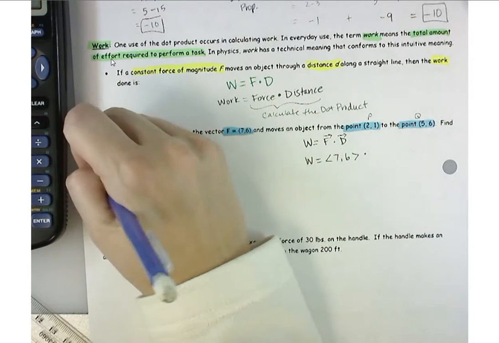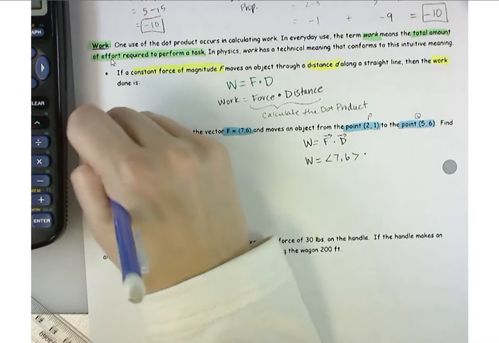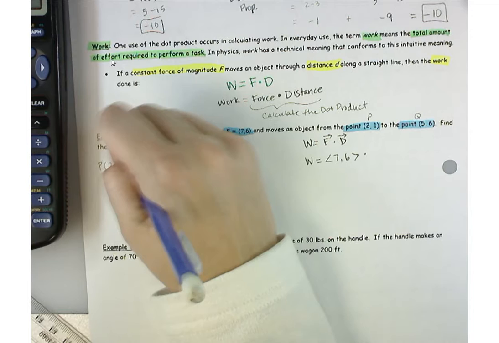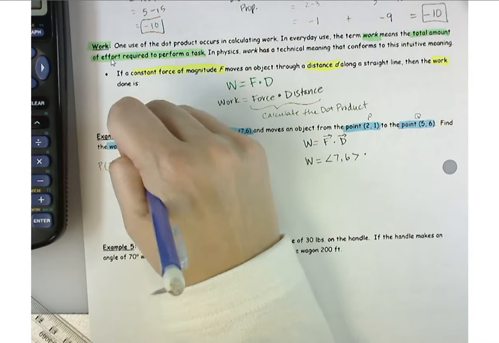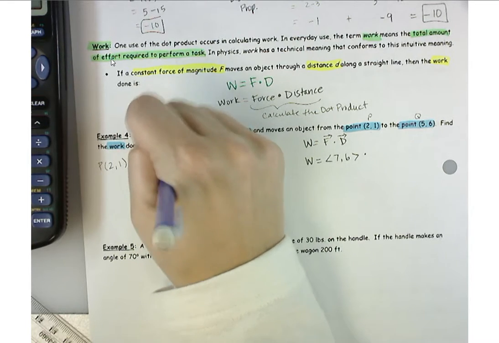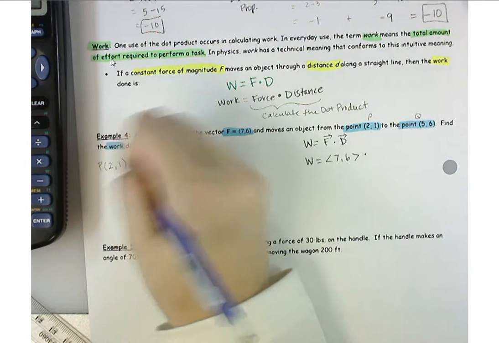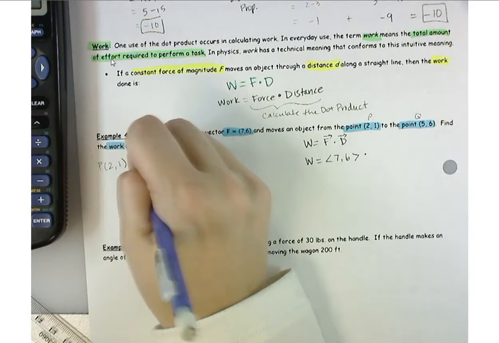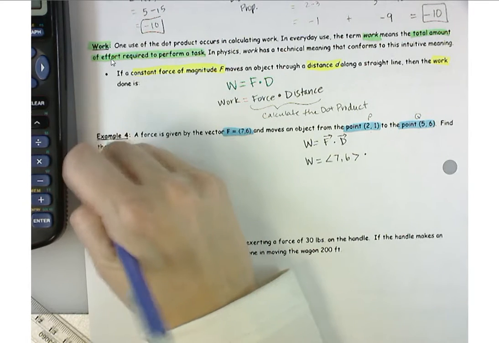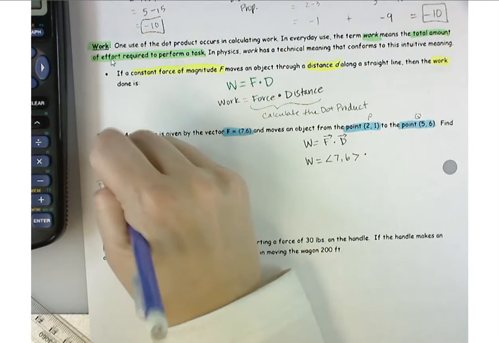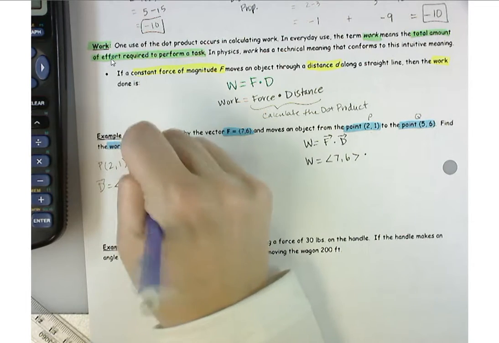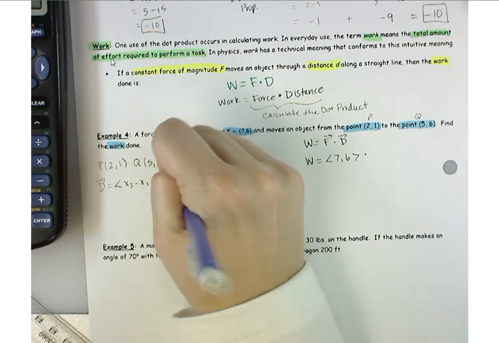So to find the work, we're going to use P, which is 2, 1, and then Q, which is 5, 6. Okay, so remember to find a vector using the initial point and the terminal point, you're just doing x2 minus x1, and then y2 minus y1.